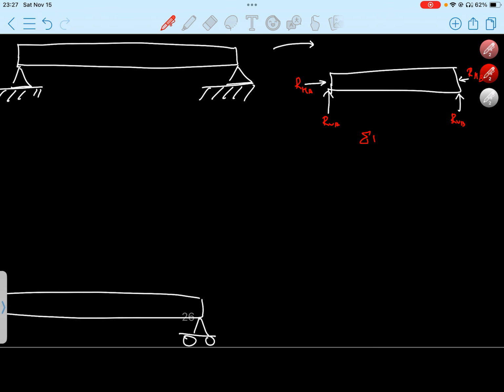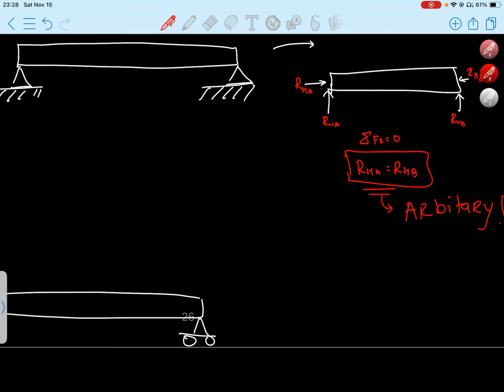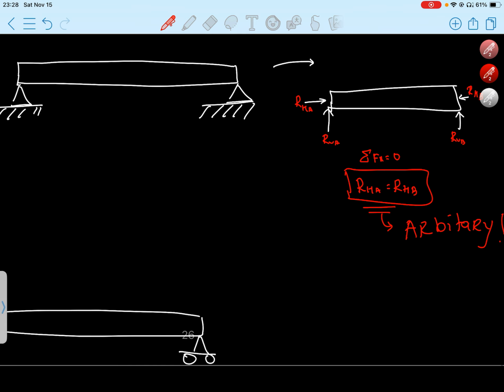Now if we take the horizontal forces to be 0 over here as the rod is in equilibrium, RHA would be equal to RHB. Now, this is a really arbitrary equation as we cannot get to a single fixed value for RHA and RHB. There are infinitely many possible combinations over here.